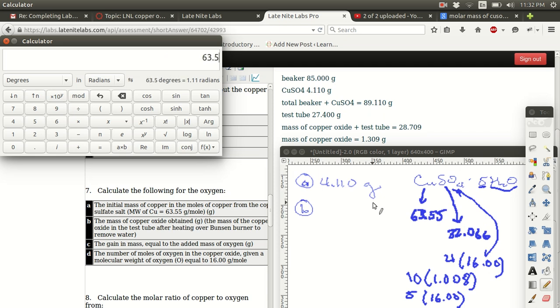Let me use the actual numbers from the periodic table without any rounding. Okay, plus 4 times 15.9994 plus 10 times 1.00794 plus 5 times 15.9994. Okay, it's 249.686.